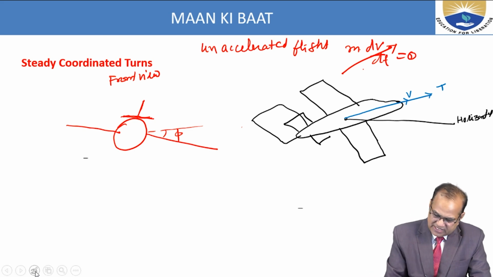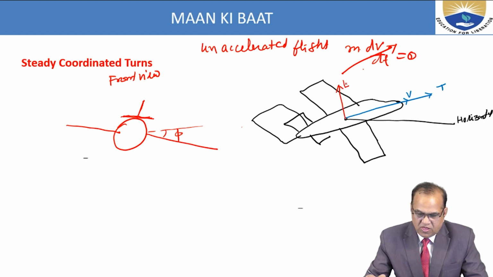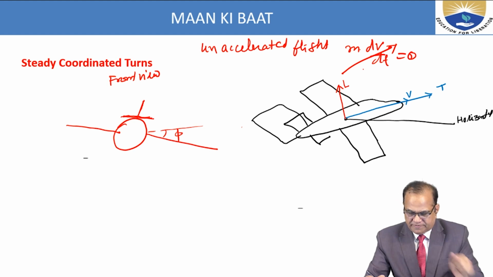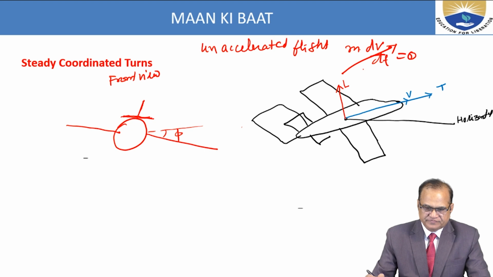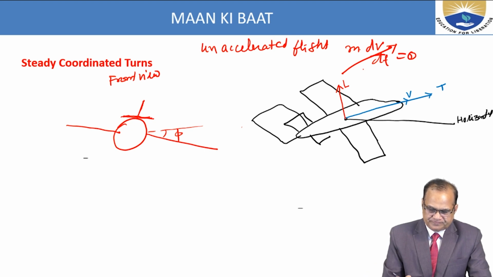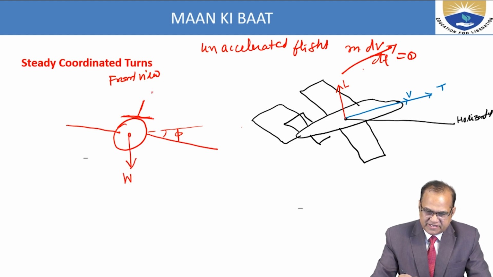We can see here that the lift is perpendicular to this. This is the lift. From here, this is W, and the lift will be perpendicular to this.